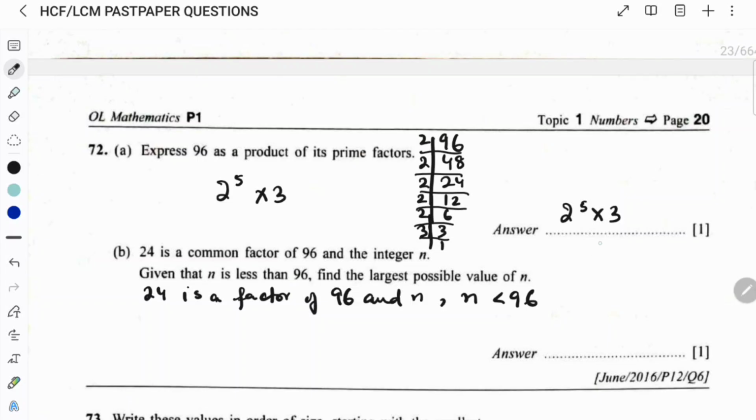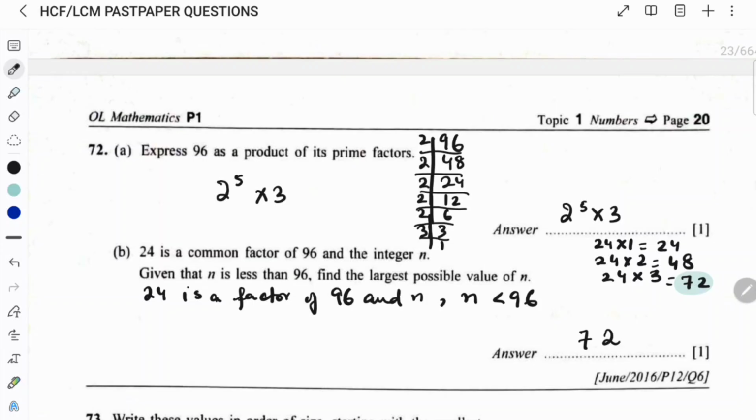So 24 times 1 is 24, 24 times 2 is 48, and 24 times 3 is 72. So multiples of 24 which are less than 96 are 24, 48 and 72. So the largest number which is less than 96 is 72. So 72 will be the right answer in this question.